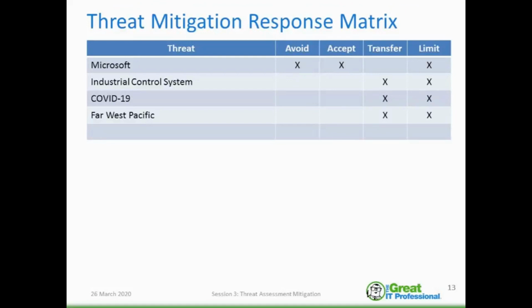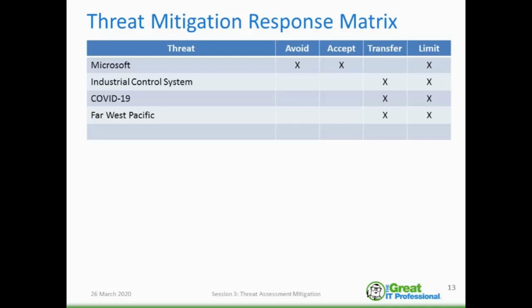Now, with Microsoft, there's not much we can avoid, and I'm sure that many of you are familiar with the idea of mitigating risk and mitigating threat. The idea of avoiding it is you're going to say, well, I know there's a threat here, but I'm going to work around what that threat itself is.